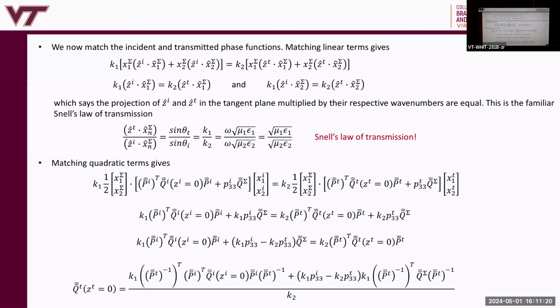So when we did phase matching for PEC reflective surfaces, we recovered Snell's law of reflection, and when we do it for a dielectric interface and match incident to transmitted wavefront phase functions, we get Snell's law of transmission from the linear terms. All right.